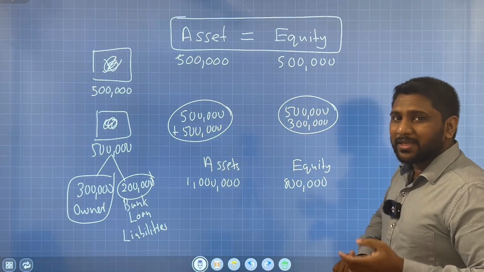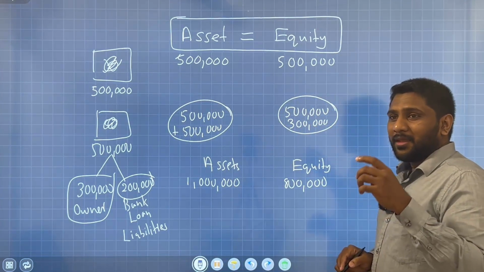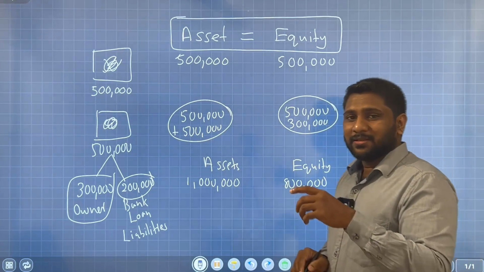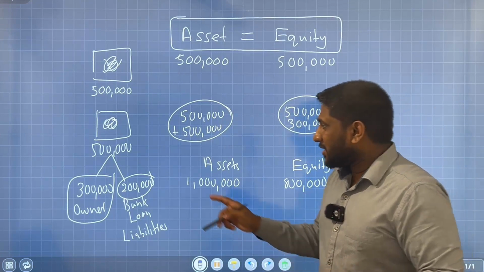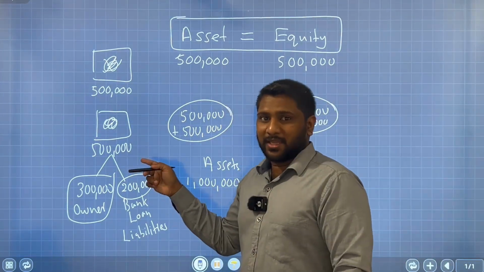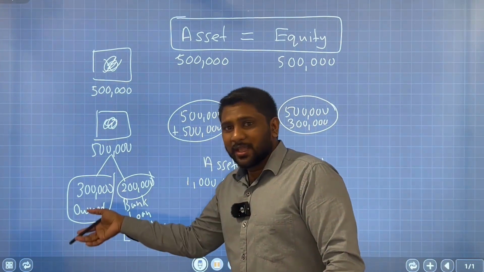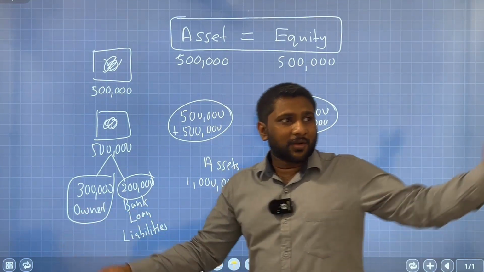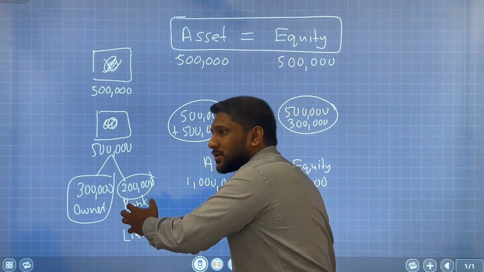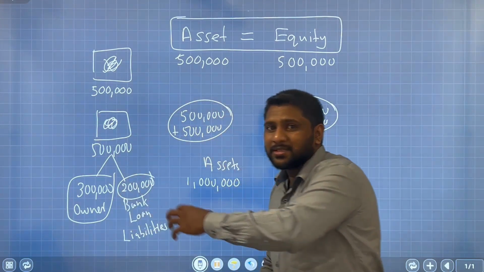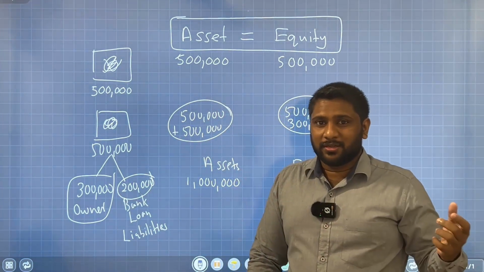Now what you have to understand, for this particular business, there is a bank loan to settle, because to buy this second machine, I gave 300,000. From the bank, business took a loan of 200,000. So the business should settle that loan.